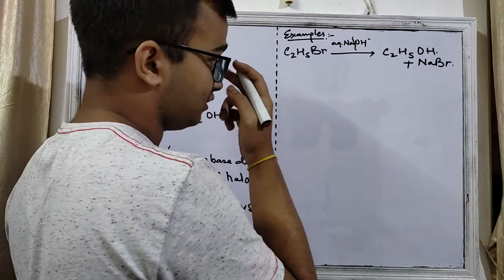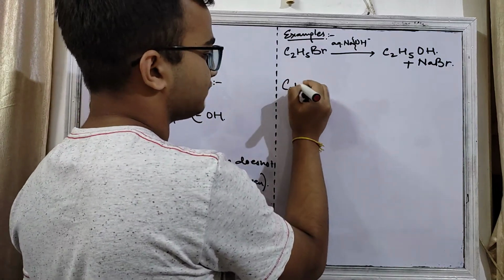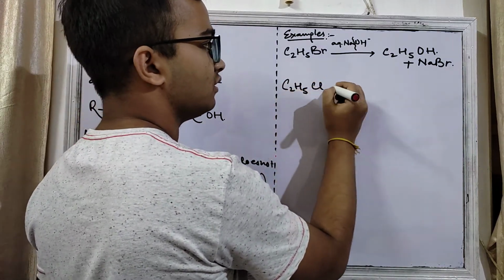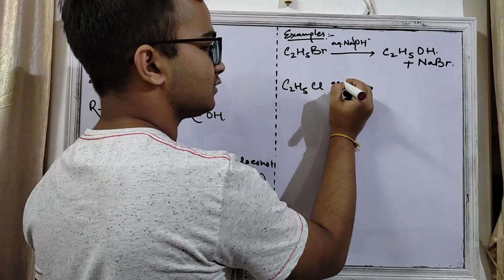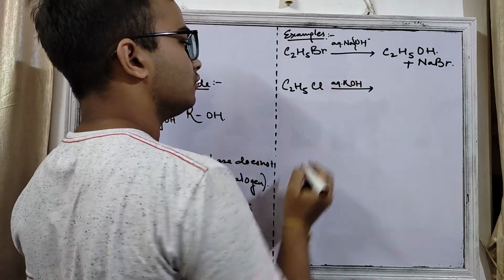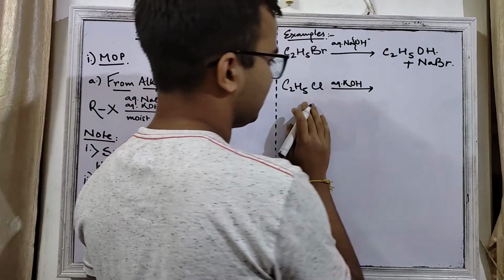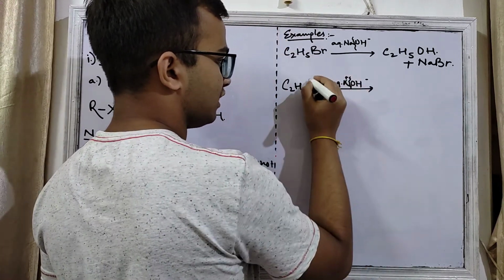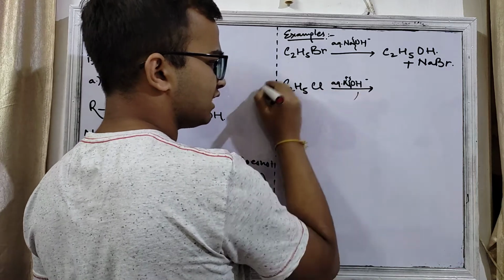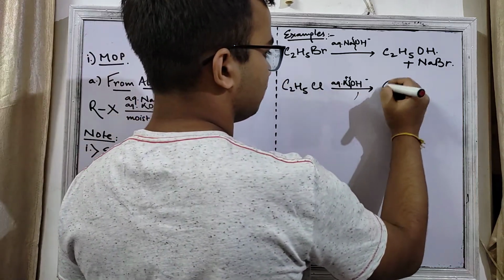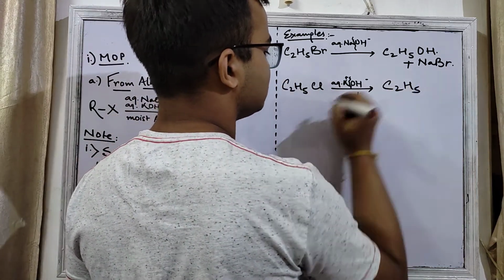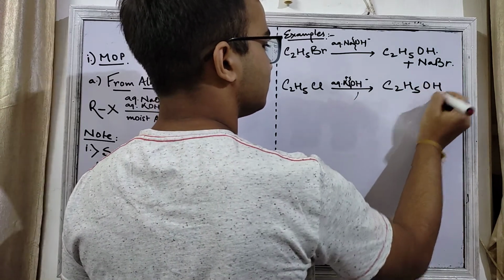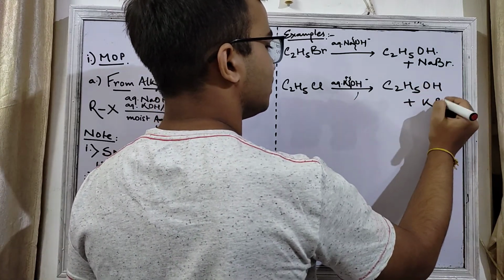Similarly, let us take another, C2H5Cl, with aqueous KOH. KOH breaks into K plus and OH minus, and OH will attack from the rear side, so we will get C2H5OH plus KCl.